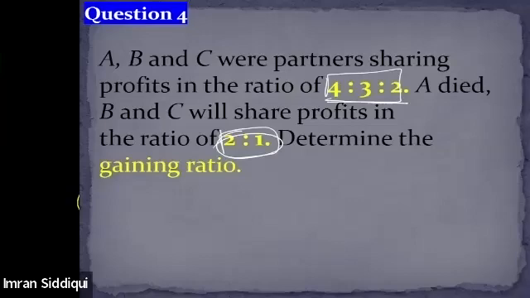Mariam said 5:1. Okay. But I think 5:1 is not the correct answer. Ayan, what happened? You are solving the question or not? You guys do not reply most of the time.